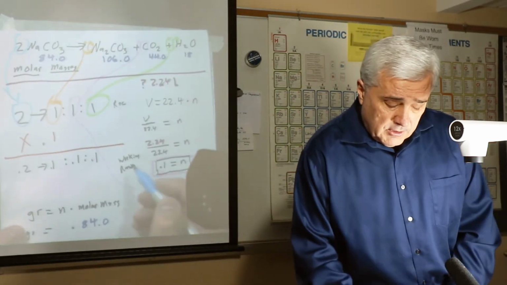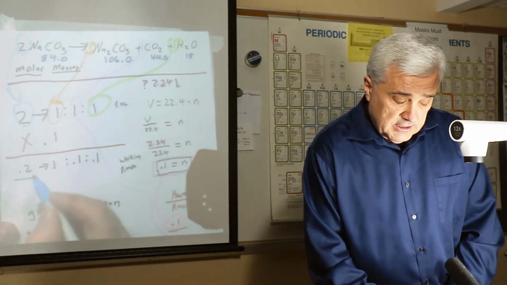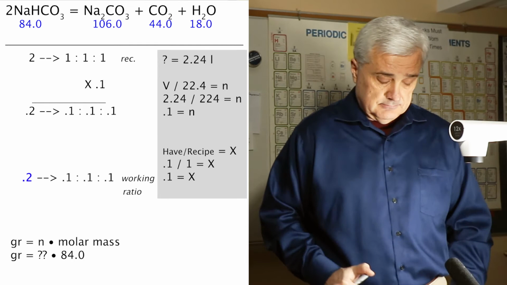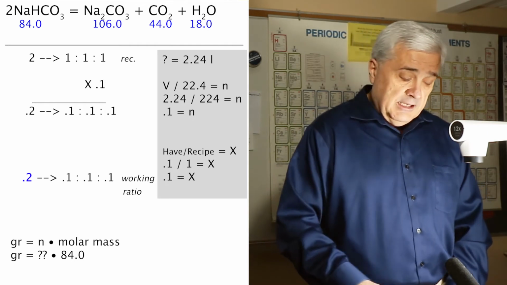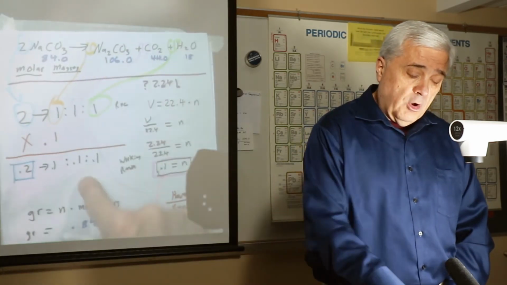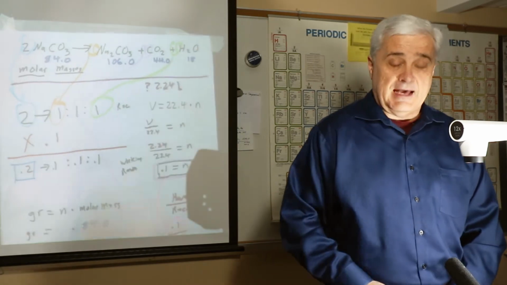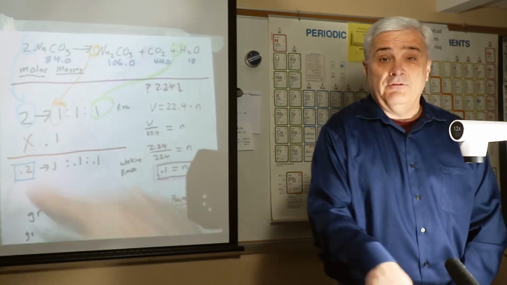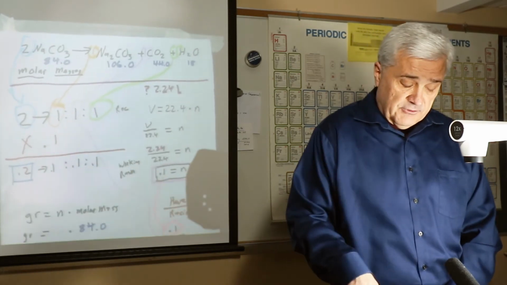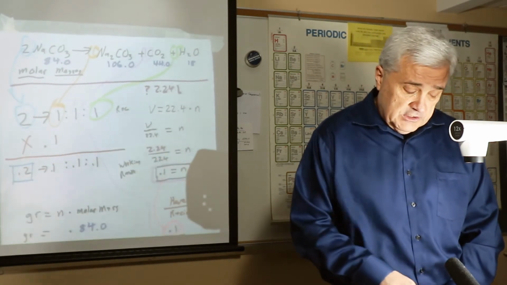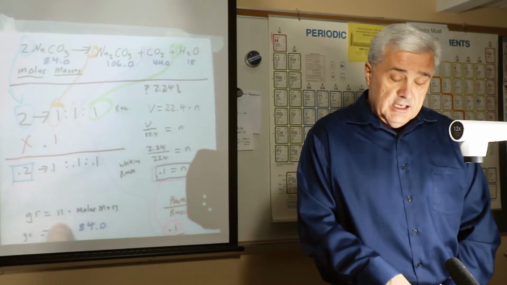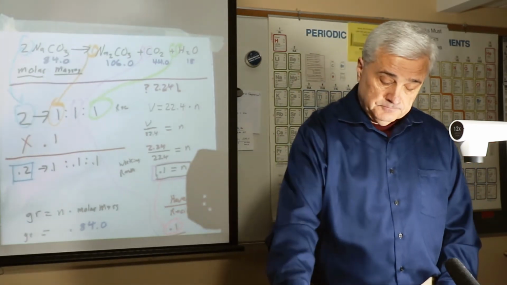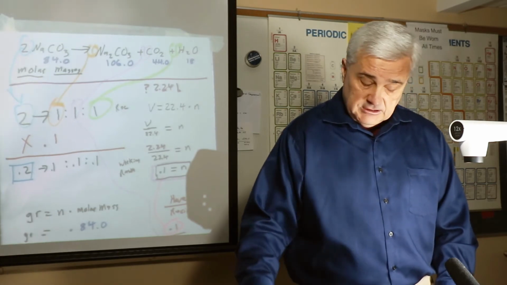So my working ratio tells me that I need 0.2 moles of that. I need 0.1 moles of this and 0.1 moles of that and 0.1 moles of that. I have 0.1 moles of this. That's where I got the 0.1 from. So I'm going to take this number, 0.2, and shove it into the N for grams, 0.2.